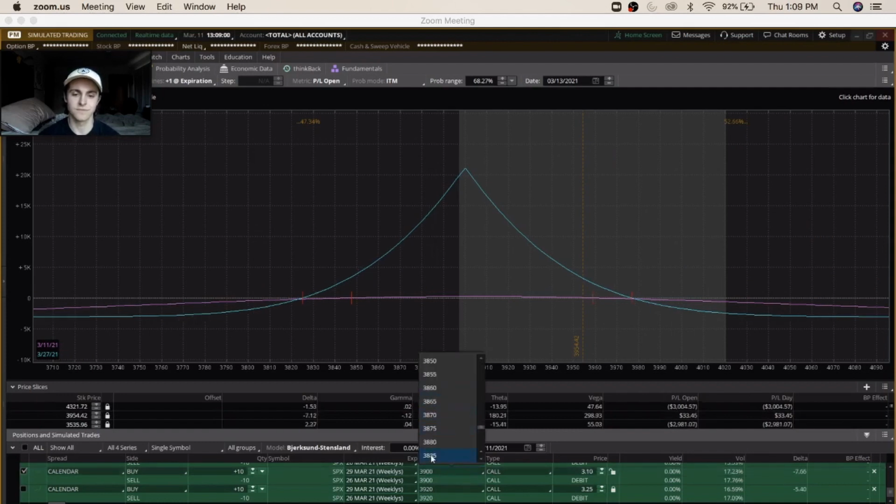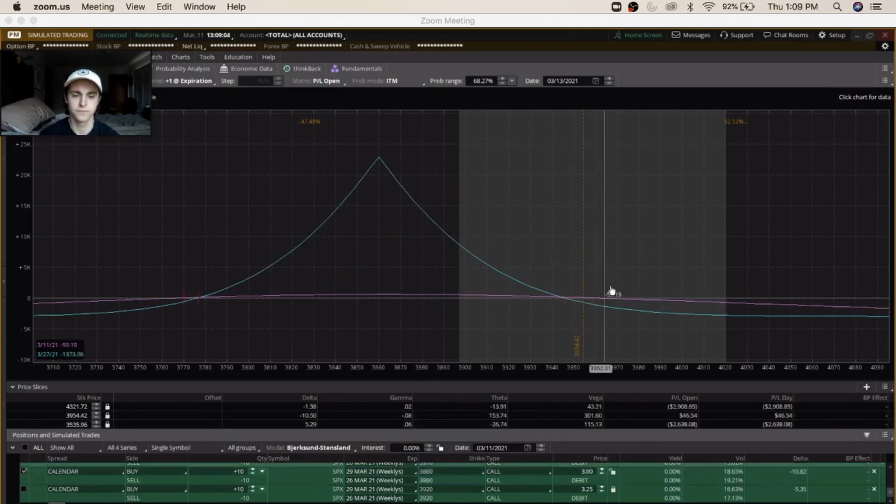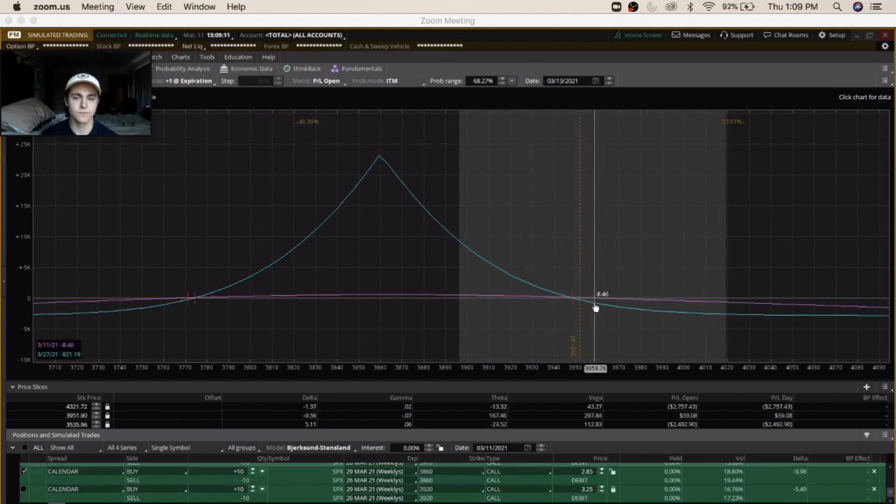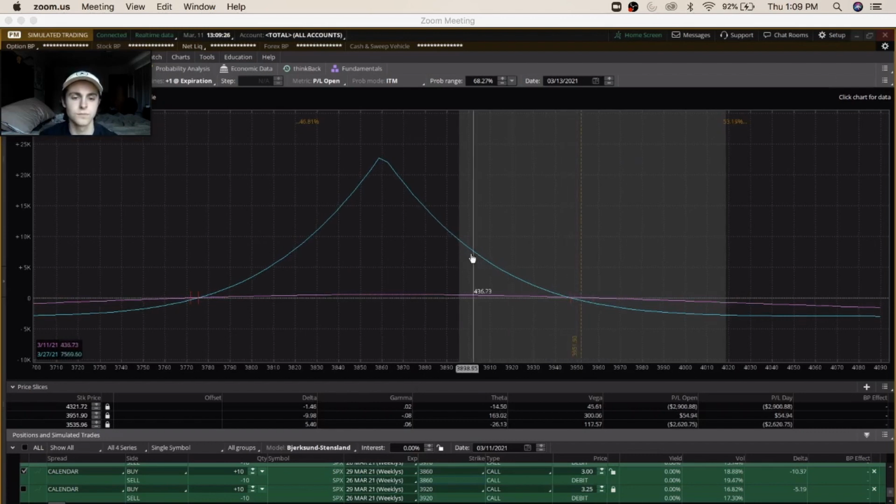Let's go 100 points away, 3,860. Now we're expecting it to move back into price. We got some runway on the upside to be wrong still, but not as much as you would if it was flipped around. Whereas when you're doing an upside version, because VIX works for you a little bit, when it goes down, it will pop the prices up, so you get a few more points to work with before you're negative. Doesn't so much work on the downside.